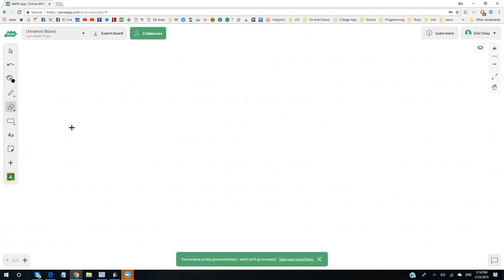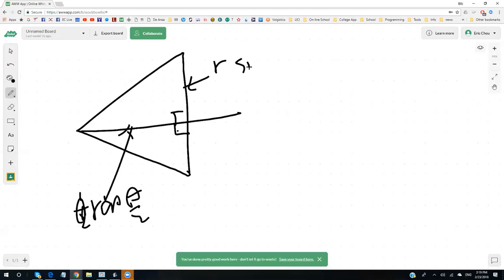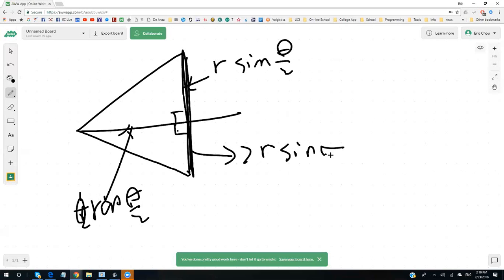Okay, let's assume this is 1/5 of this pentagon, and this is half of it. So this is r cosine half theta, this one is r sine half theta, and the whole thing from here to here is 2r sine half theta.